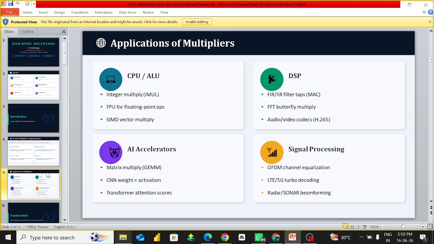The processor tells that I have a multiplication operation, so I'm going to activate the multipliers. Like that, inside your CPUs, multipliers are used.